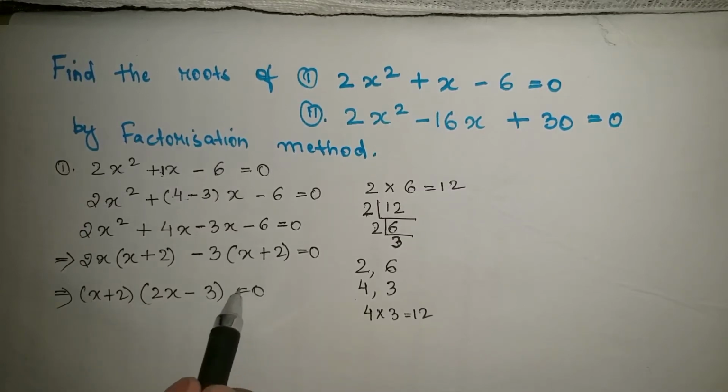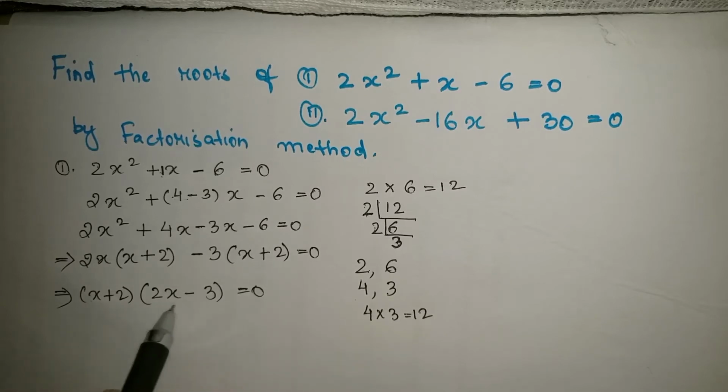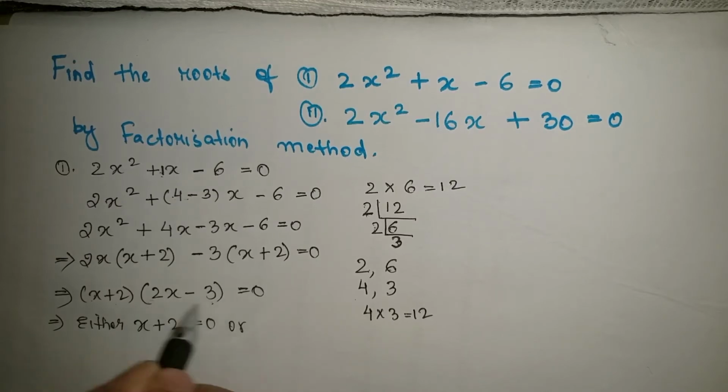Now, the product of these two factors is equal to 0. That is, either one of these terms should equal to 0. Either this term x plus 2 should equal to 0, or 2x minus 3 should equal to 0.